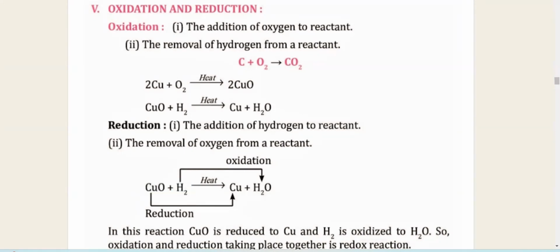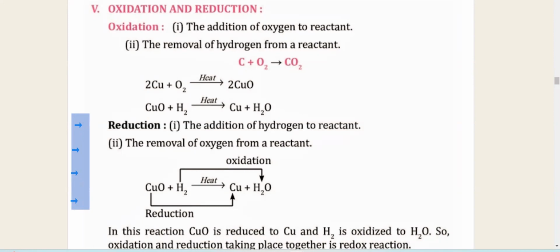Well, there are four things that they can ask you: substance oxidized, substance reduced, oxidizing agent, and reducing agent. In all such cases, all four parts have to be one of the reactants. Product should not be your answer, right? Sometimes many students write the product. They are always one of the reactants.